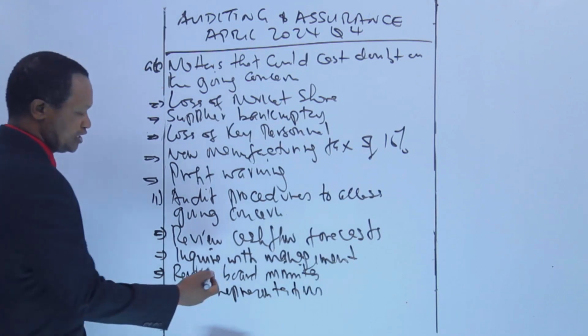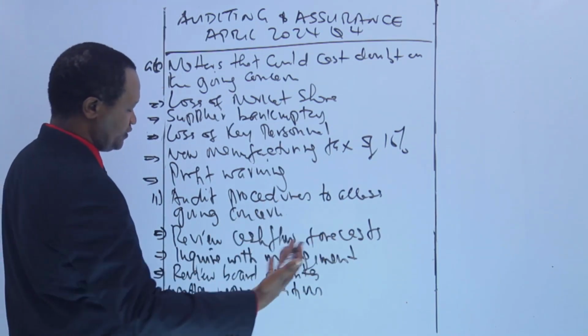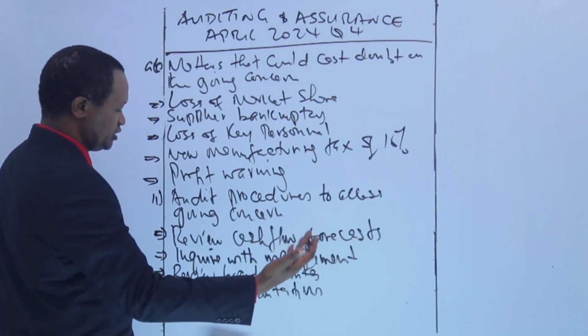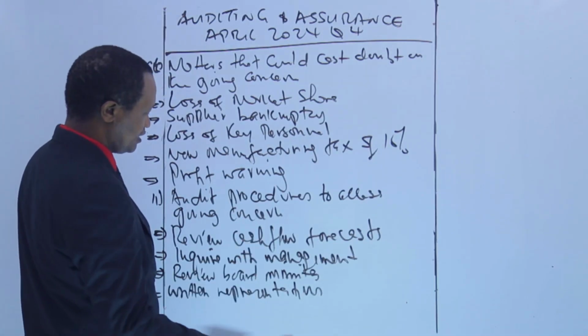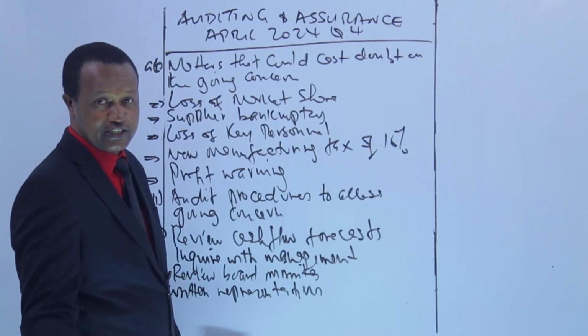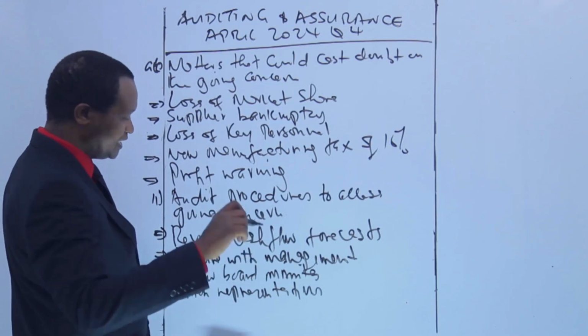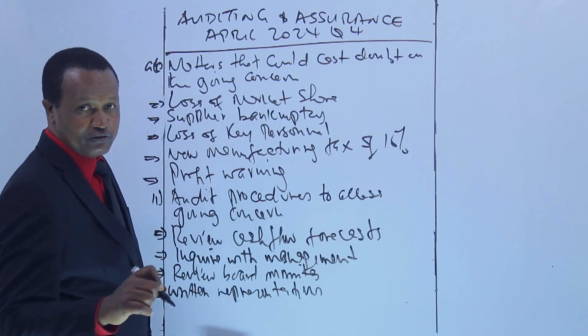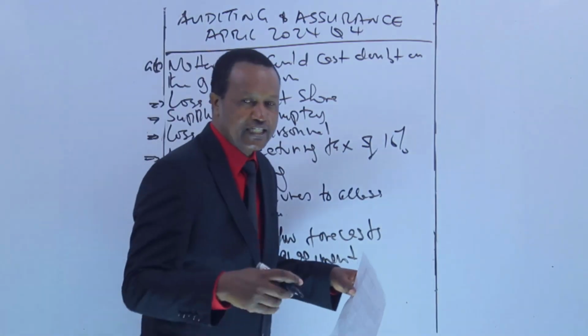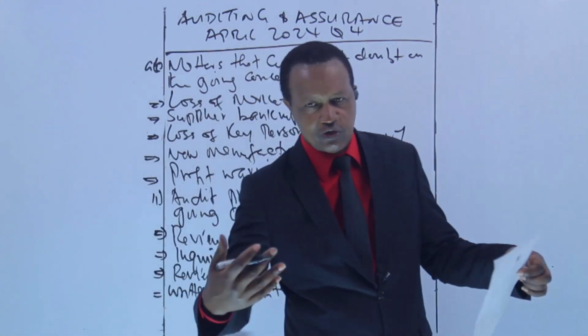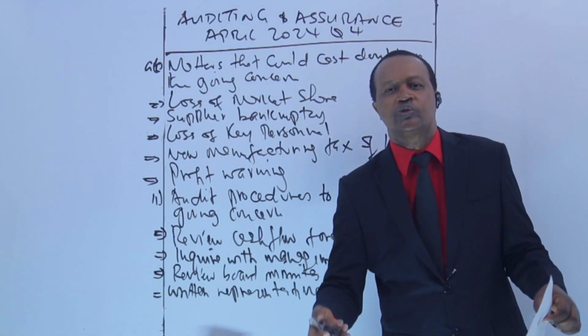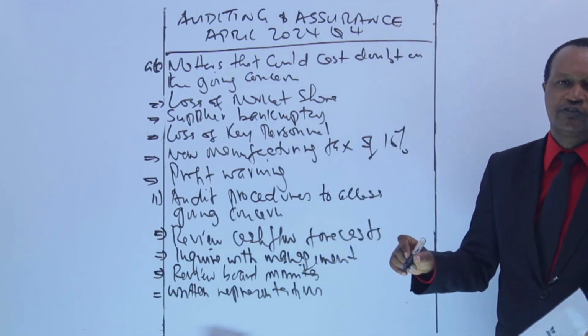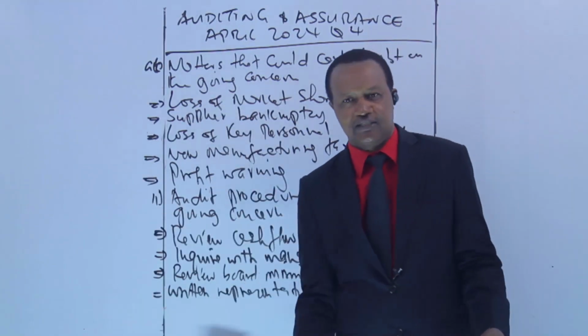Because these are discussions. You have face-to-face meetings, you ask questions, they answer you. Over and above just discussing and asking questions, you should obtain written representations from management regarding the assessment of the company's ability to continue as a going concern for at least the next 12 months.